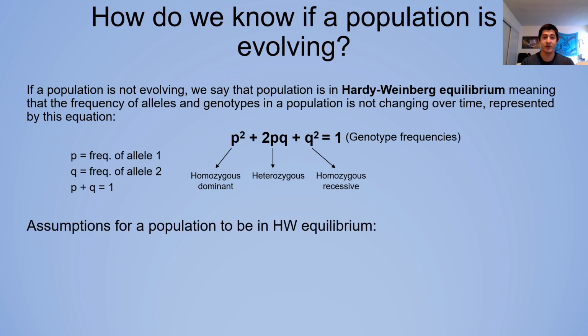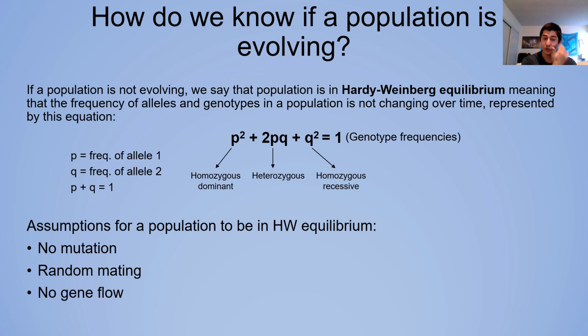And there are a couple of assumptions that we make for a population to be in Hardy-Weinberg equilibrium. So we assume that there's no mutation, so that the genetic makeup is not changing. Random mating. This is a bit of a more complicated assumption, so we'll just gloss over that. No gene flow.